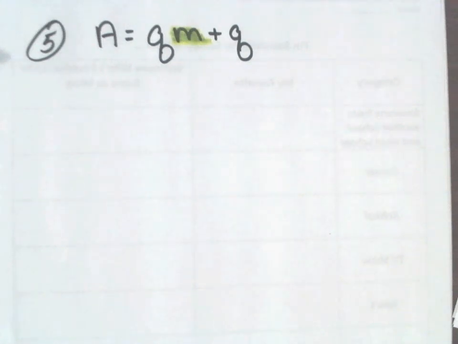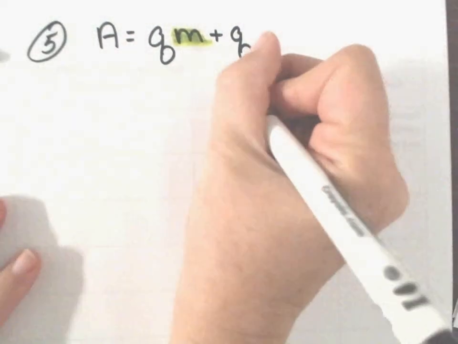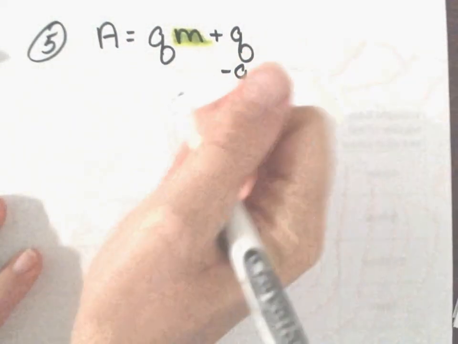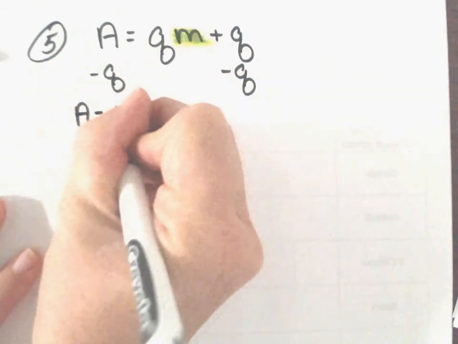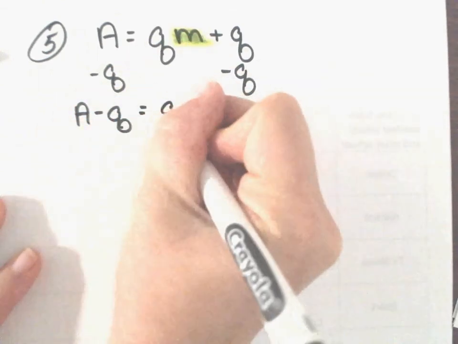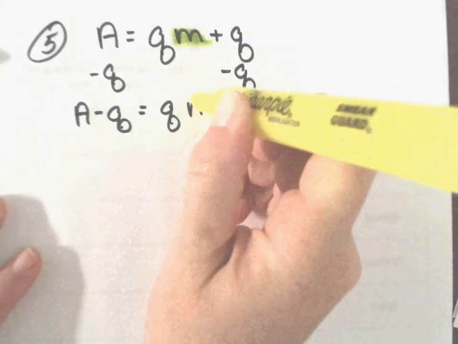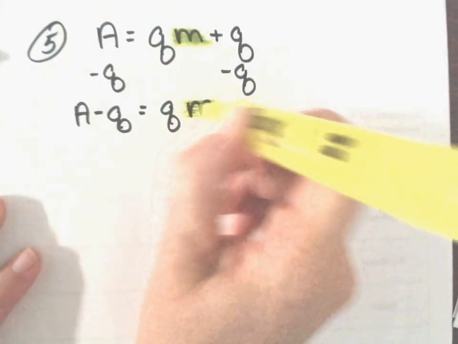If I need to get the M by itself, this is very similar to number 2, I believe it was, on the other side of the page. So what's the first thing that you are going to do? Subtract the Q that's by itself. So we'll have A minus Q equals QM.